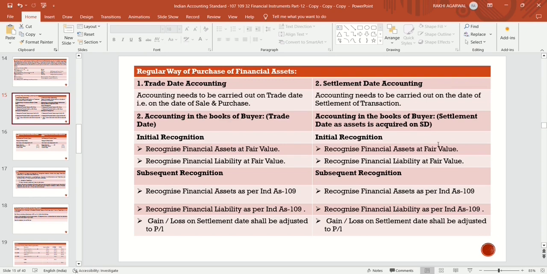If it is recognized at FVTOCI, it will be at FVTOCI only. If initially at FVTPL, then subsequently also at FVTPL. So it will follow Ind AS 109.